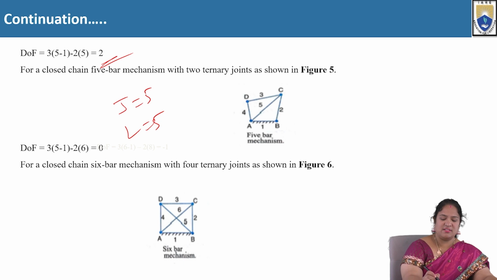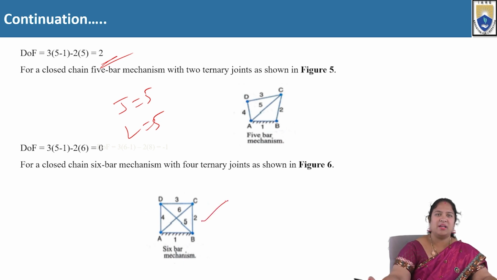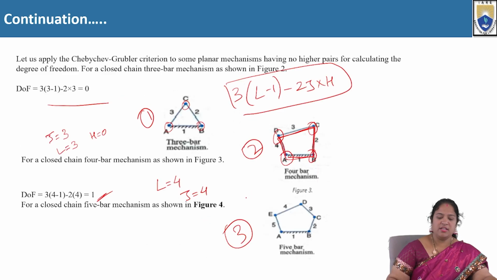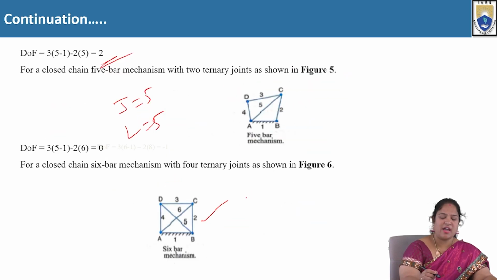Whereas when we consider a 6-bar mechanism, what is happening here? How many links and how many joints do we have here?